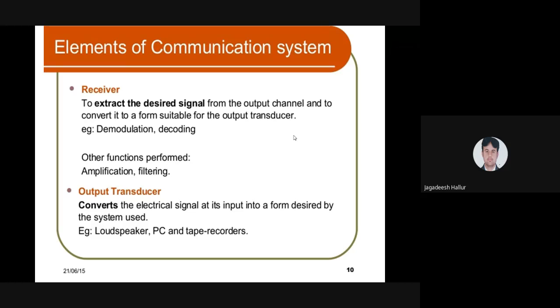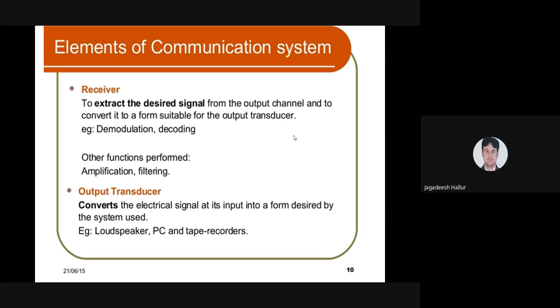You have to do some more functions: amplification and filtering. And the last is your output transducer. It converts the electrical signal input to a form desired by the system user.